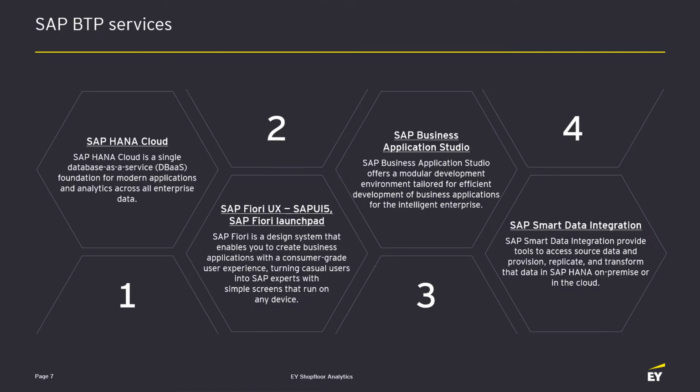Let's further take a look at these services, the BTP services, which really enabled us to build this whole solution. First and foremost, SAP HANA Cloud. It's a database as a service on cloud, on the SAP BTP platform within Cloud Foundry.